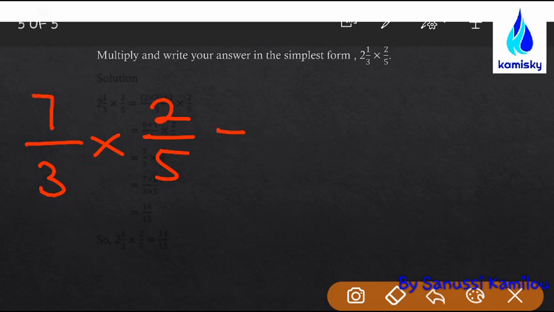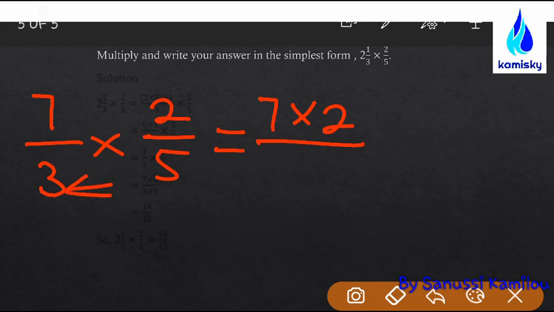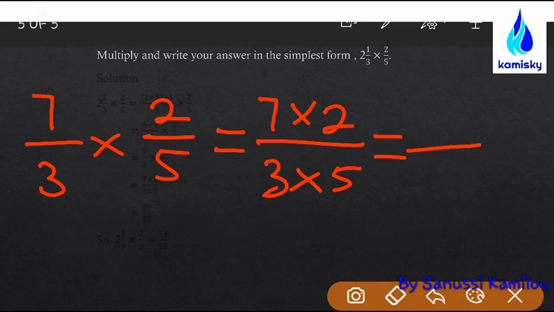So the next thing to do is to multiply the numerators, which are 7 and 2. We multiply them, 7 times 2, and then we multiply the denominators also, which are 3 and 5. 3 times 5. So what do you do next? We write our answer. The top will give us 14 and the bottom will give us 15.